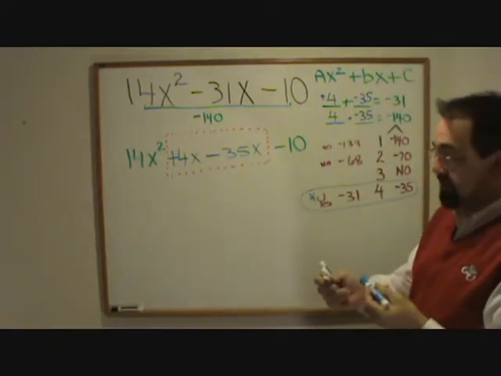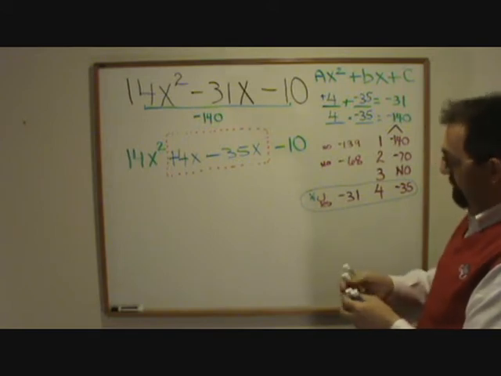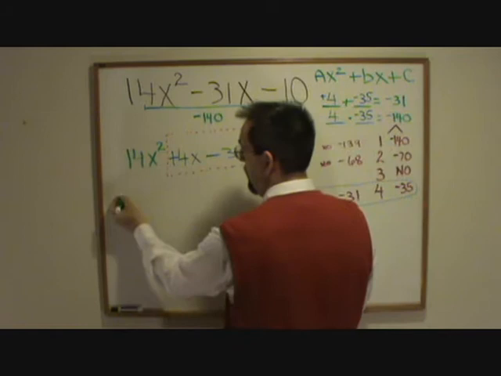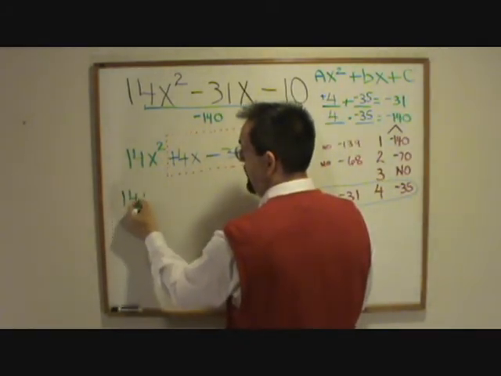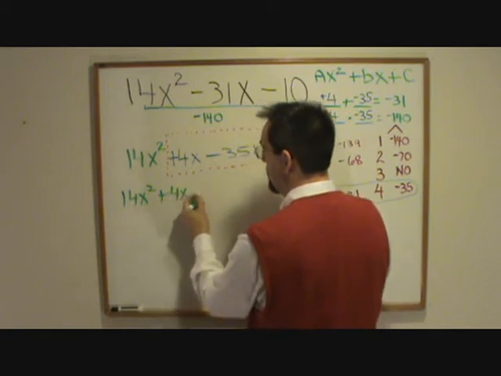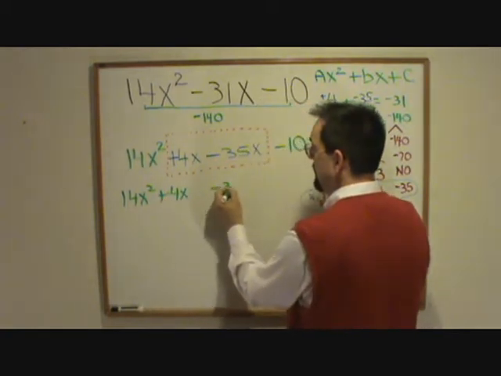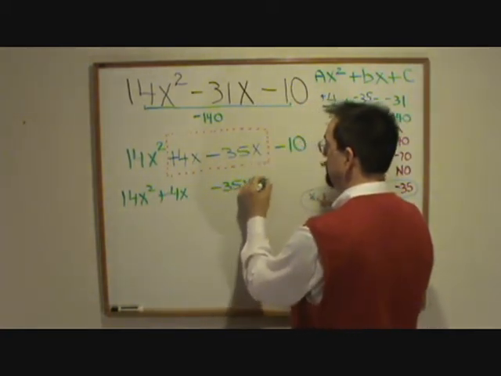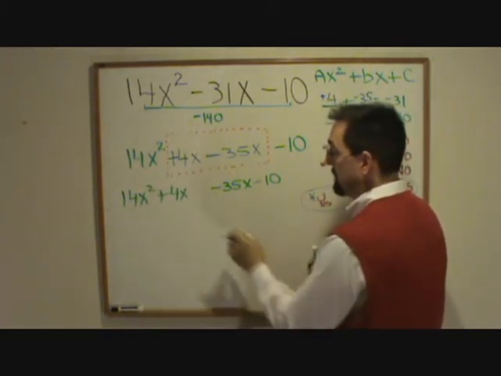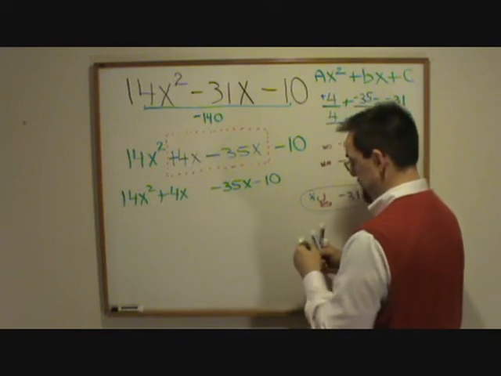Okay, here's the tricky part of this technique. I'm going to rewrite this expression: 14x squared plus 4x, leave a little space, minus 35x minus 10. All I did was rewrite this without the red box and left a little space.